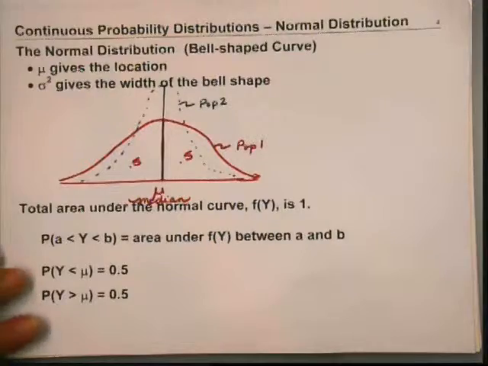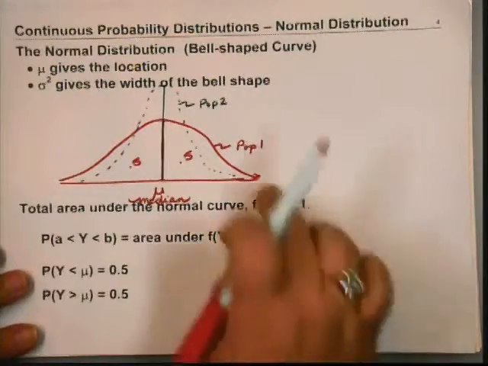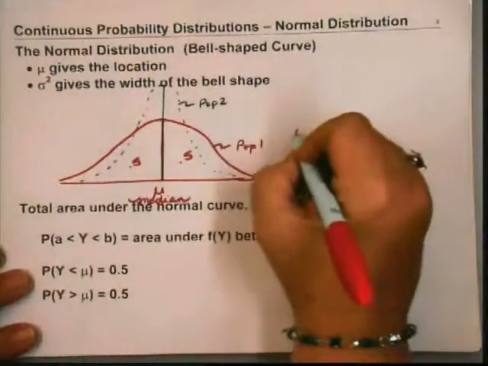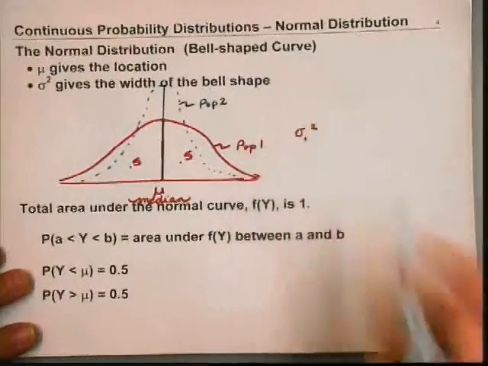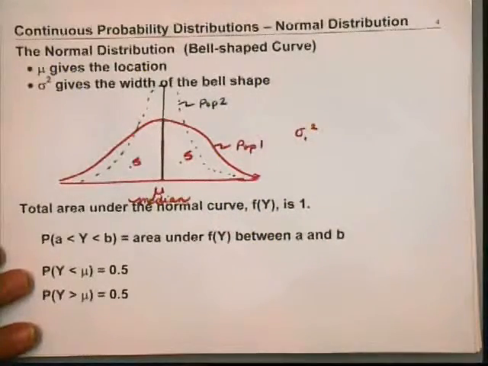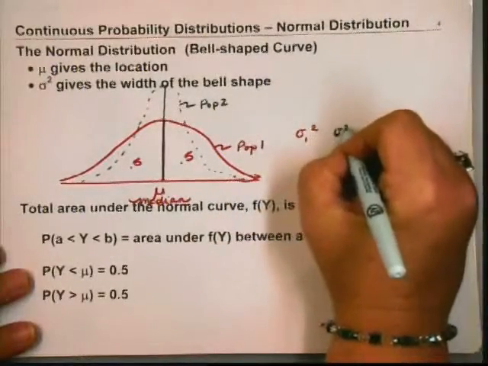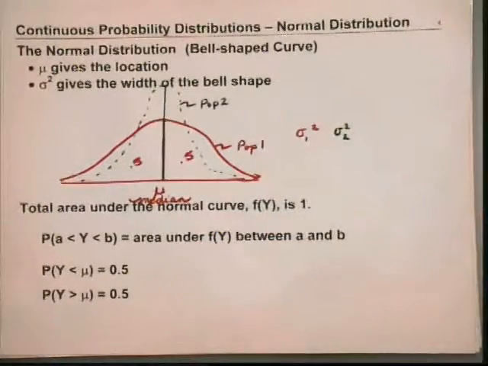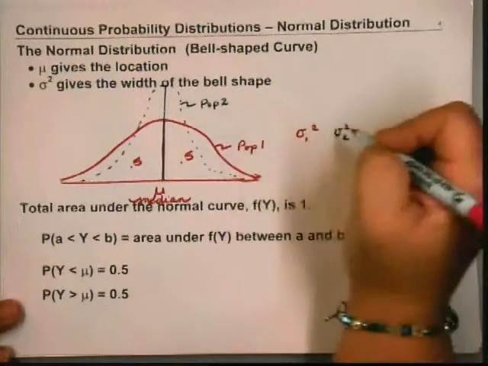All right, if we were to compare the variances for these, population 1 would have a variance of sigma 1 squared, and how would it compare to the variance for population 2? Which one of these distributions has more spread? Population 1. Population 1 has more spread in it.